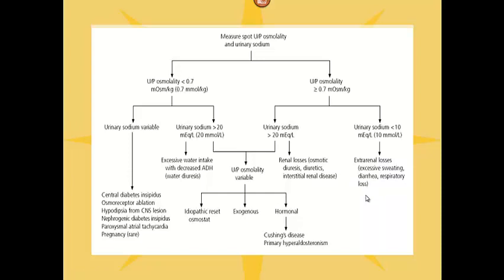Again, this is going to be discussed in more detail in your specialty areas, but this is to give you a brief idea of the possible causes of hypernatremia. Hypernatremia is really rare because every time a patient has hypernatremia, it is associated with extracellular fluid volume status and most likely dehydration.